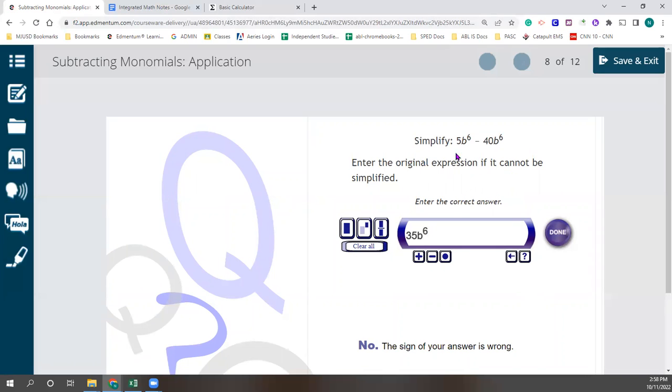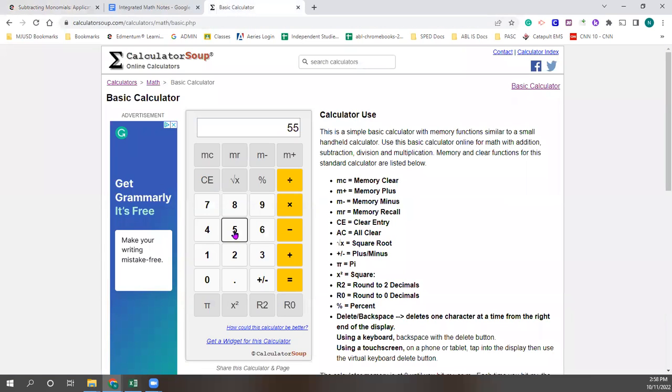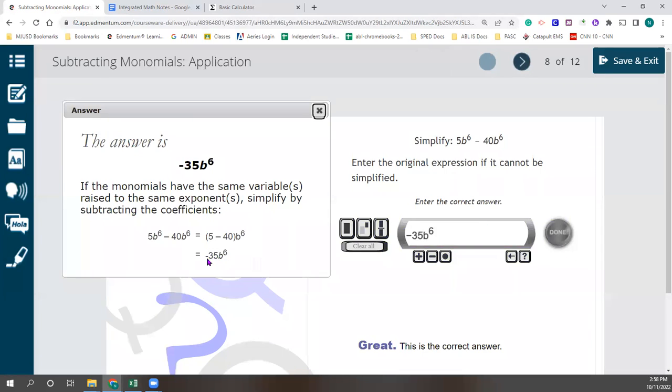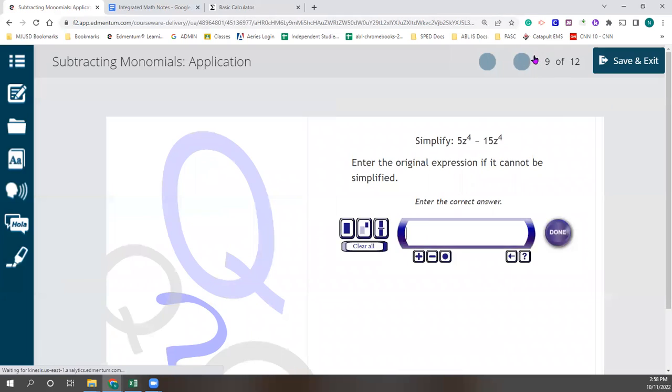Where did I mess up? 5 minus 40 is 35. Oh, 5 minus 40, not 40 minus 5. Okay, so I need to put a negative sign right there. Watch. 5 minus 40 equals negative 35. There we go. Yeah, I got it right. Negative 35. Okay, well done.